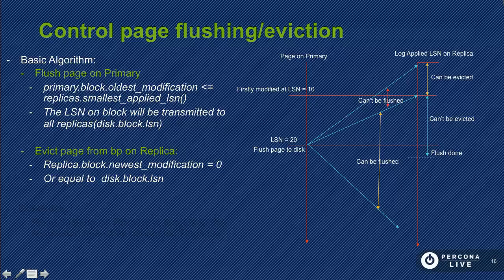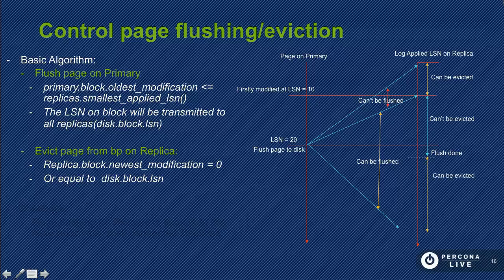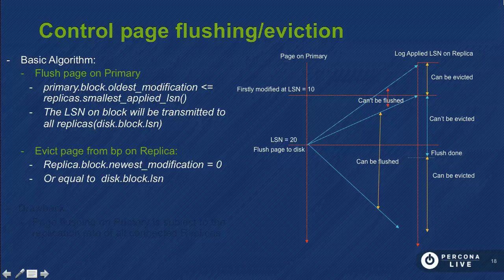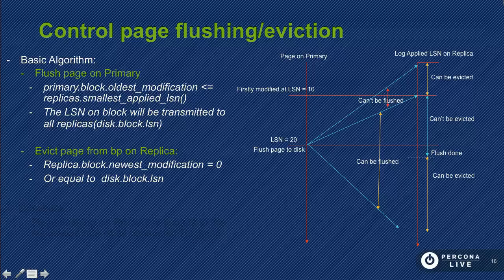If we evict it from the buffer pool on the replica, and later a user's client may read it from disk, there will be a conflict. Okay, and after the flush is done, we can be sure that the page in the buffer pool has the same LSN as on disk, which is 20.